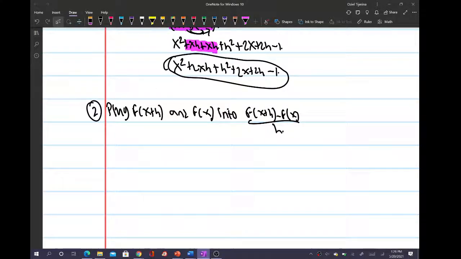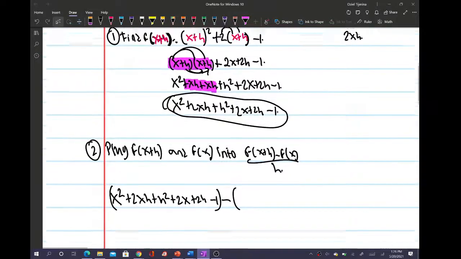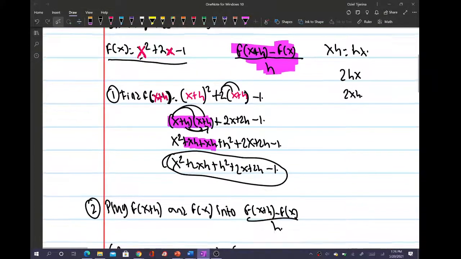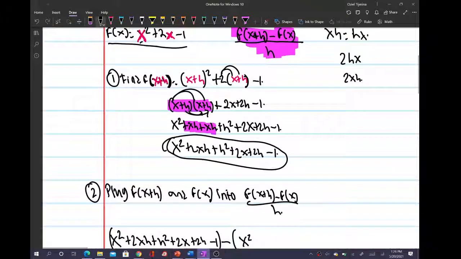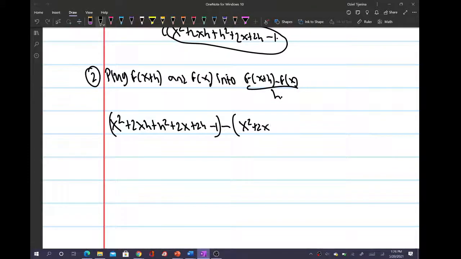So we're going to go ahead and say x squared plus 2xh plus h squared plus 2x plus 2h minus 1 minus, and we're going to put parentheses because obviously we have a quadratic, okay, minus f of x, so we're going to say x squared plus 2x minus 1, and we're going to put this all over h, okay.